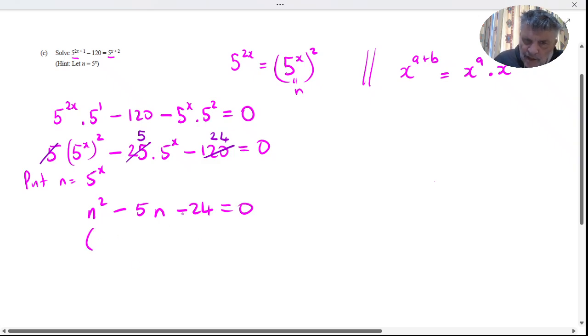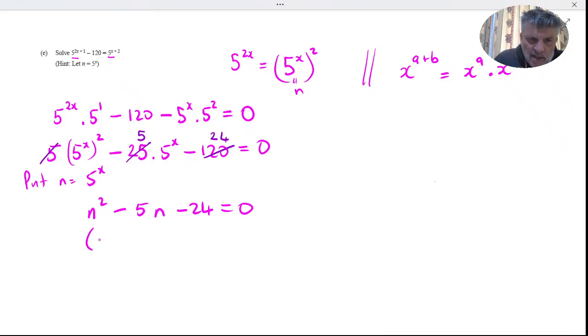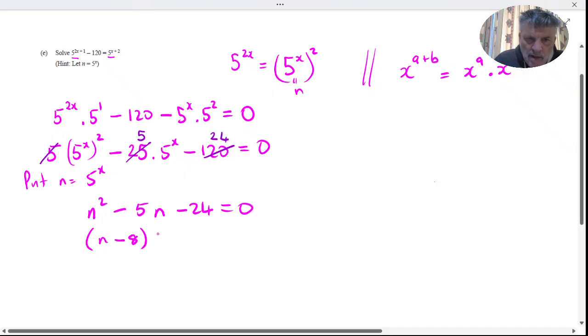Multiply to negative 24, add to minus 5, that's negative 8 and positive 3. So n equals 8, or n equals negative 3.